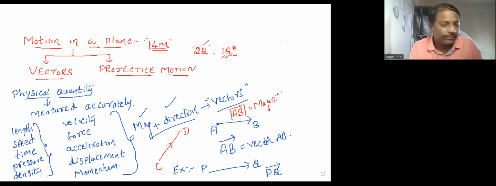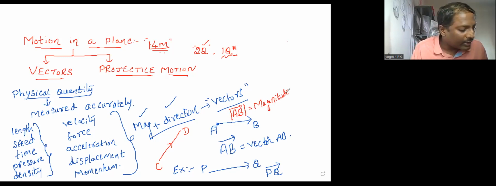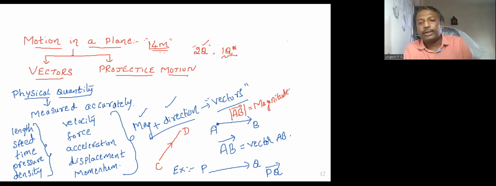It gives what? Magnitude. So how is the magnitude of the vector AB represented? It is represented as the modulus of AB vector. Modulus of AB vector represents the magnitude. You can consider the example, students.